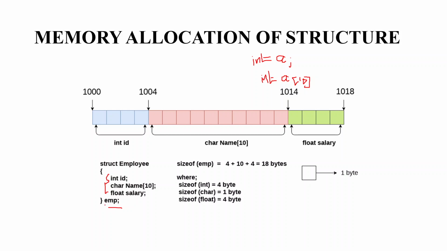So if EMP is the variable name for this structure, then for this EMP, how many bytes will be allocated? ID 4 bytes, name 10 bytes, so 10 plus 4 is 14. Then salary is of float type, so it is 4 bytes. Correct? So a total of 18 bytes will be allocated for this particular variable EMP. So this is how memory representation is done for the structure concept.